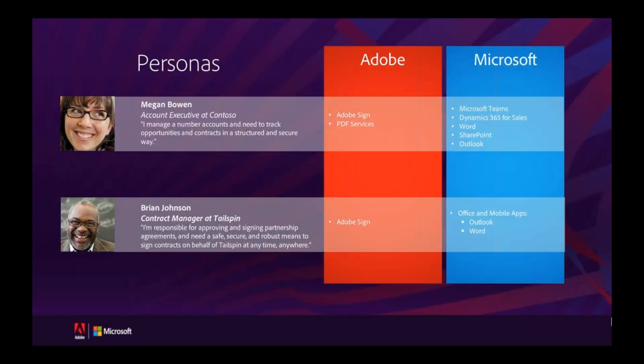And how we do that is we look at it through the eyes of an account executive. Our personas, the heroes of this today, are Megan Bowen. She's an account executive at Contoso. And so she's going to be working within Dynamics, creating a quote and a master agreement in Dynamics 365 for Sales.